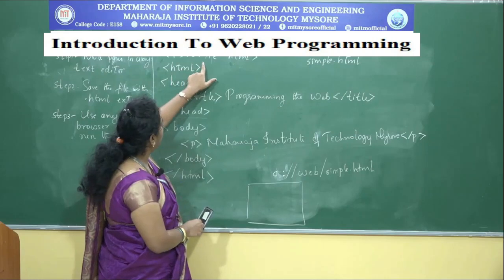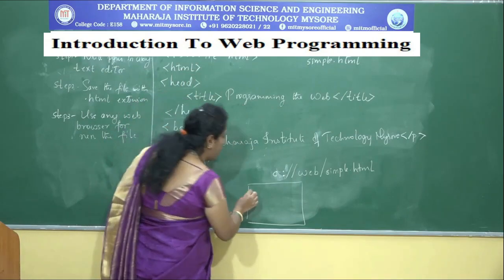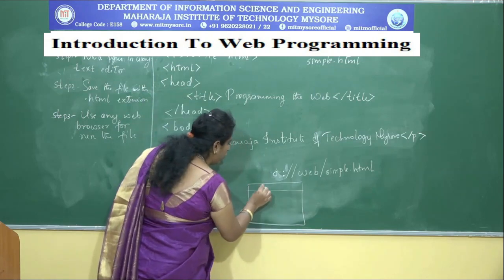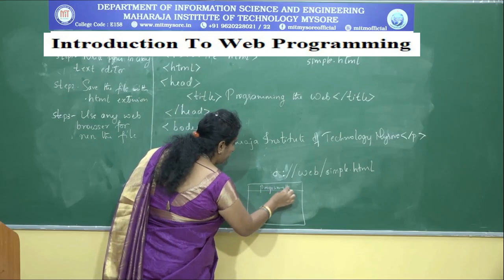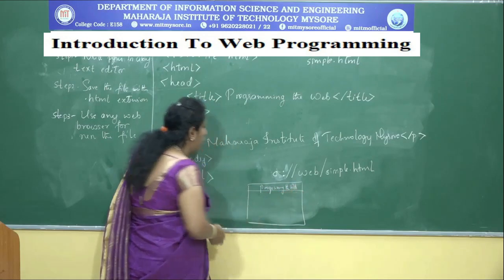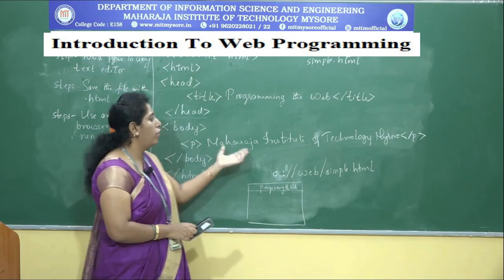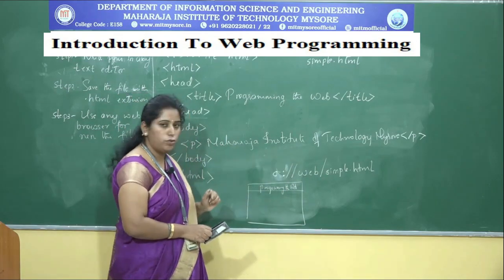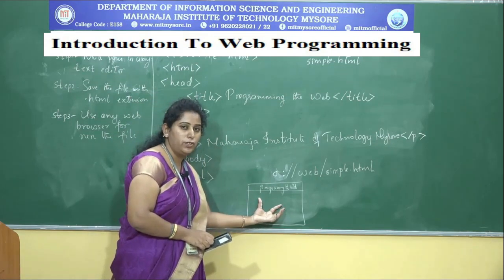Since you have given a title called programming the web, in the tab of the output you can notice there will be programming the web. The body part is for the operation, where you have displayed the message Maharaja Institute of Technology. So, finally, your output will be Maharaja Institute of Technology, Mysore.